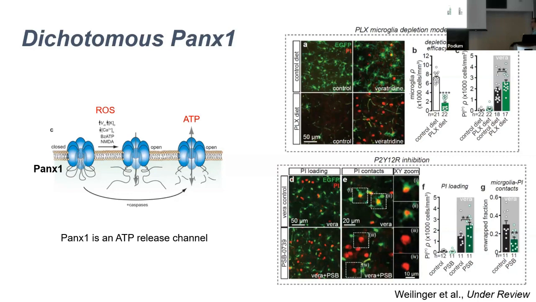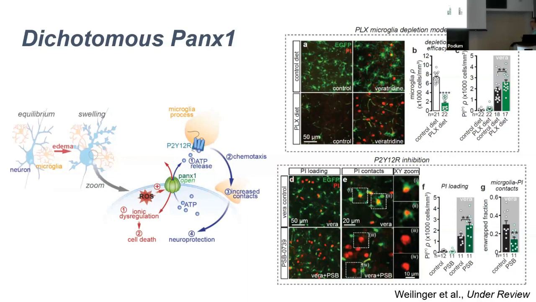So there's more neuronal death when we perturb this purinergic signaling. We also see fewer enwrapped PI-positive neurons in the PSB, which makes sense because the microglia are having a harder time detecting that these neurons are dead.